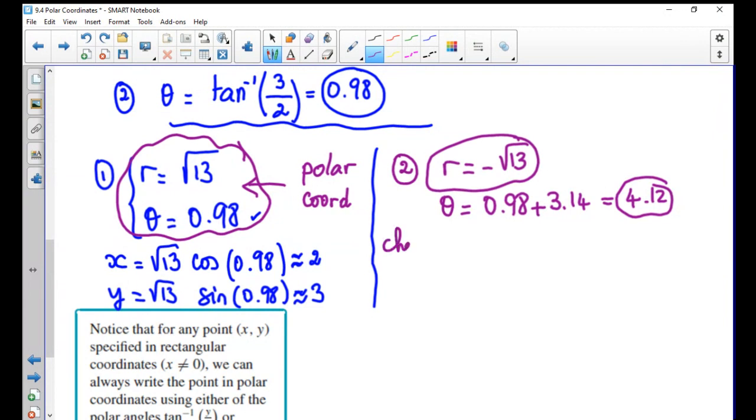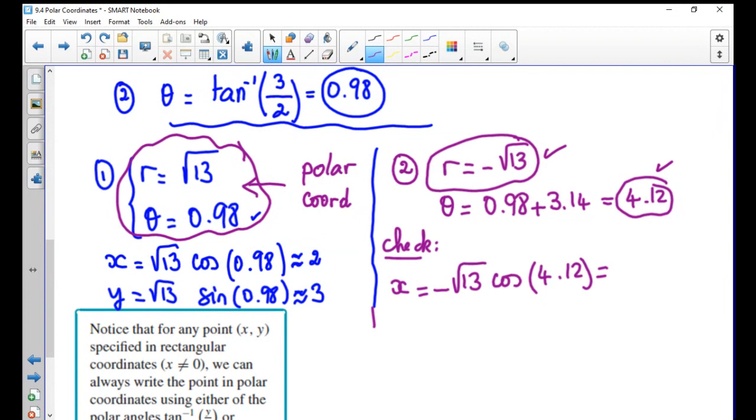And I can check again that these are really true polar representations of the point (2, 3). x is minus square root of 13 cosine 4.12.